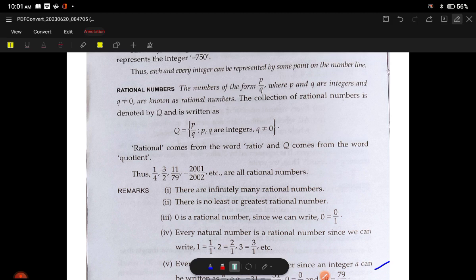A fraction is always a part of a whole, that is positive. That is why every fraction is rational, but every rational number is not a fractional number.